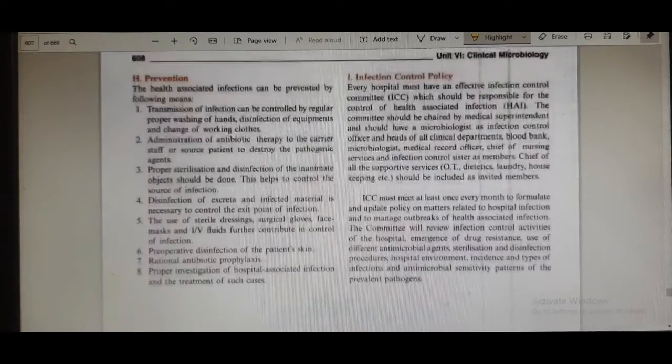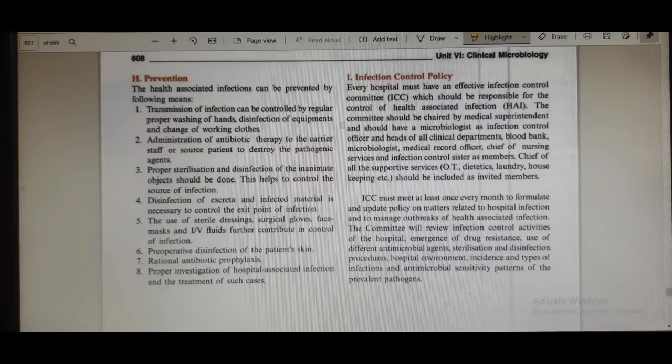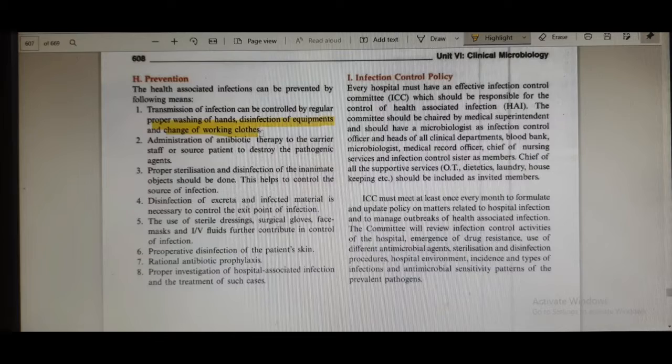So the prevention of hospital acquired infections could be by controlling the transmission by proper hand washing techniques, disinfection of equipment properly, and change of the working clothes. Administration of antibiotic therapy to carrier staff or the source patient to destroy the pathogenic agents.